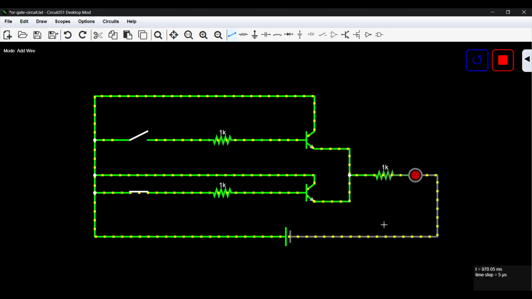The other circuit was arranged in series, which means the electrical current has to flow through both of the transistors for it to reach the LED and for the output to be true.